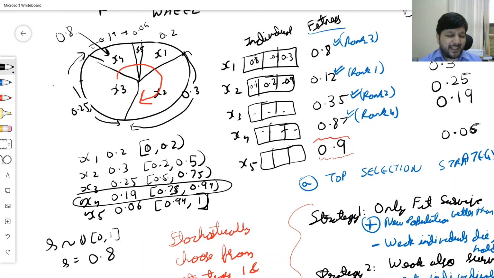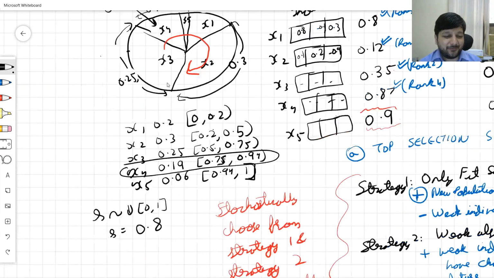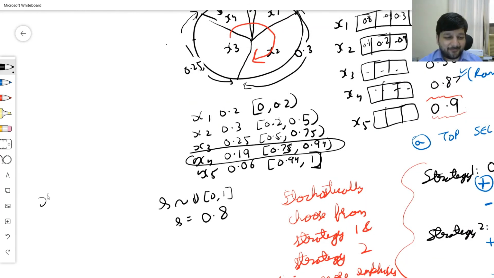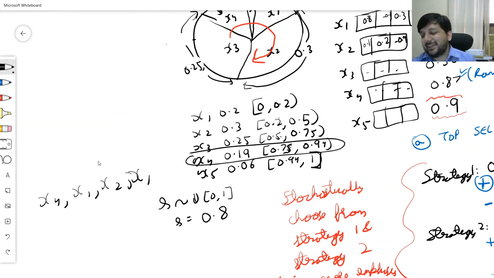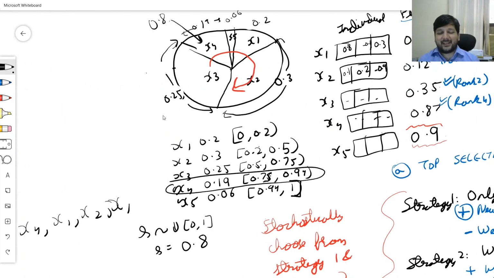I do it 4 times. So let's say if I do it 4 times, the individual selected first was x4, then x1, then x2, and then x1. So 4 individuals get selected. The chances of fitter individuals getting selected are high. The chances of weaker individuals getting selected are low. And that is what is a roulette wheel selection.